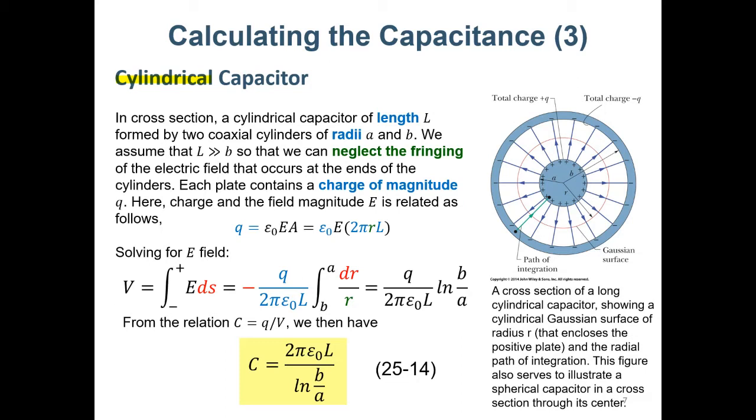Here you connect the inner part to the positive, and the outer part to the negative. So it's somehow like this. But here we just show the cross section of this cylinder.